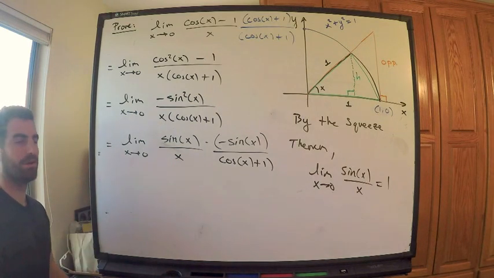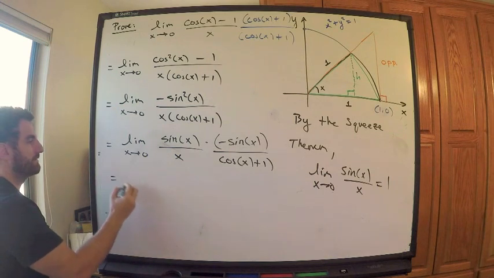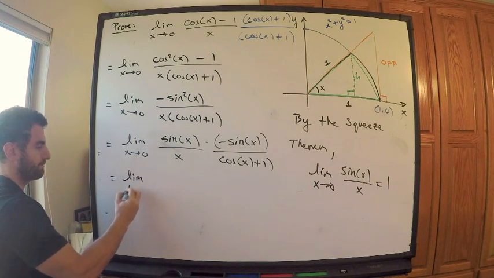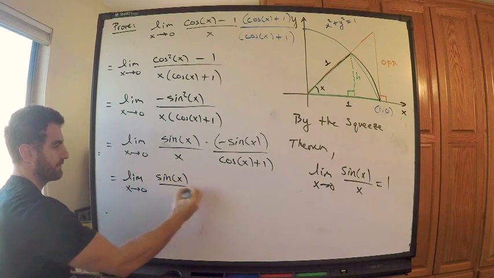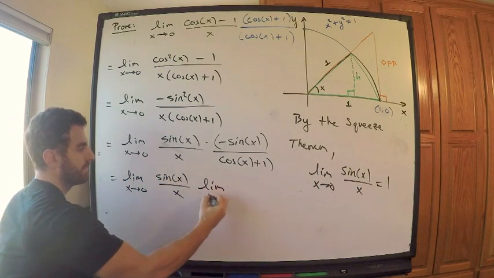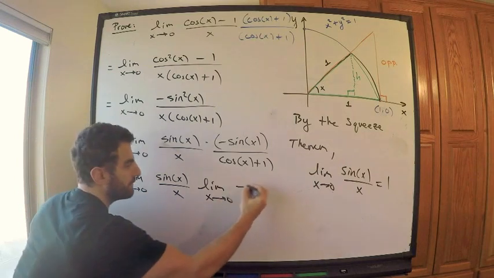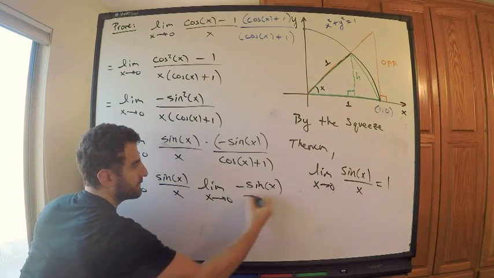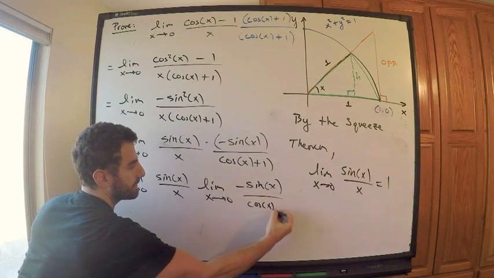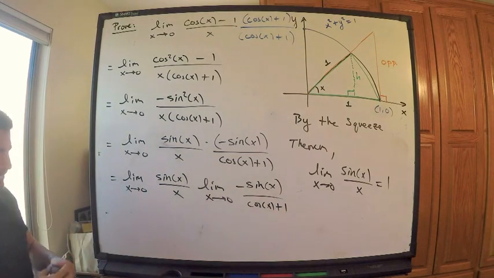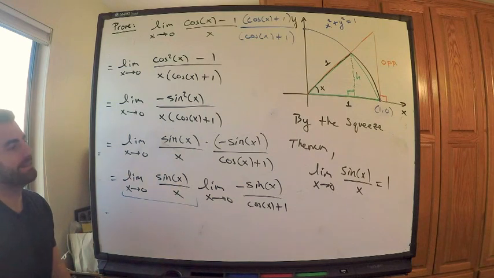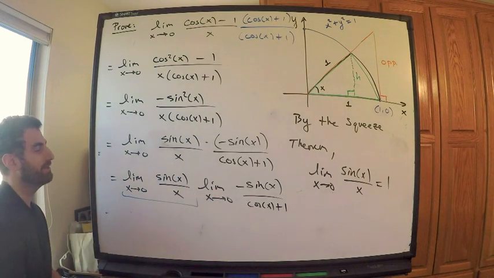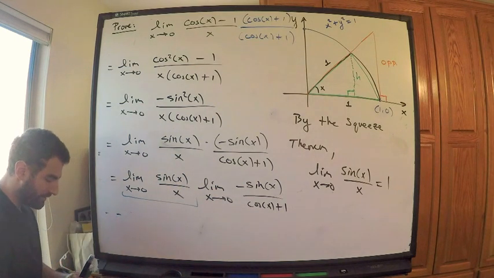Limit of a product is the product of the limits. This is the limit as x goes to 0 of sine x over x, times the limit as x goes to 0 of negative sine x over cosine x plus 1. If only I knew something about that. If only I just proved something about that. Oh, I did. So this is equal to 1.